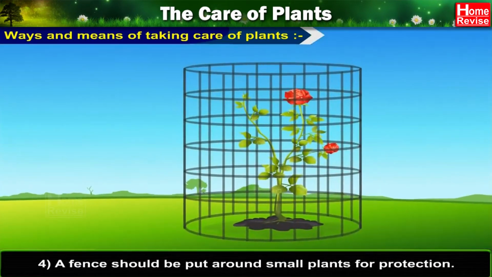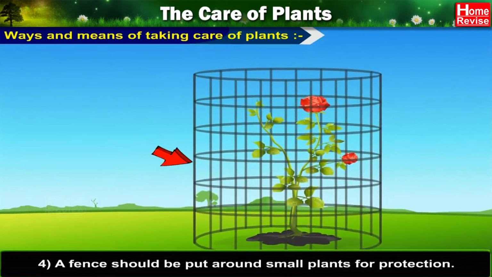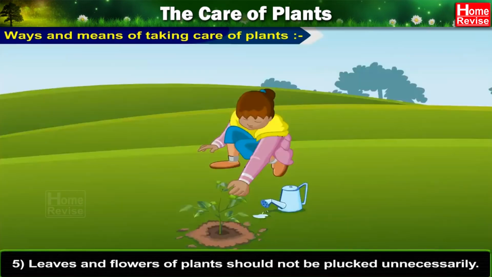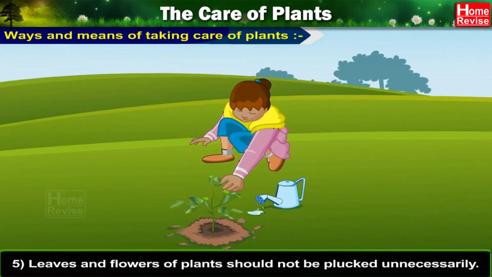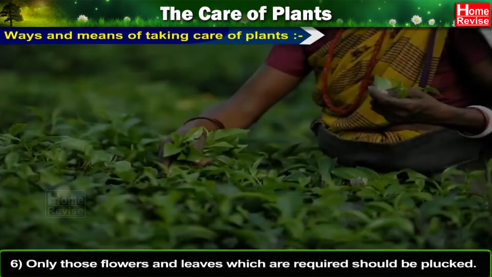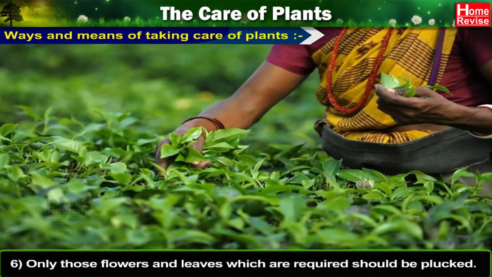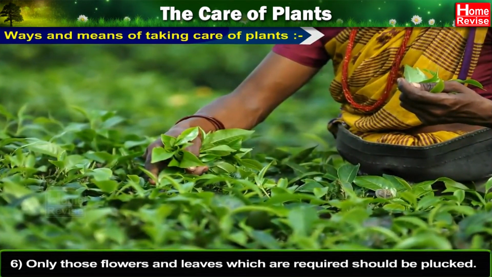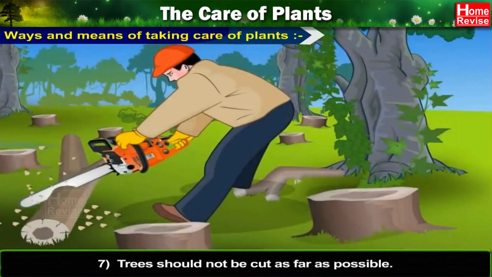4. A fence should be put around small plants for protection. 5. Leaves and flowers of plants should not be plucked unnecessarily. 6. Only those flowers and leaves which are required should be plucked. 7.